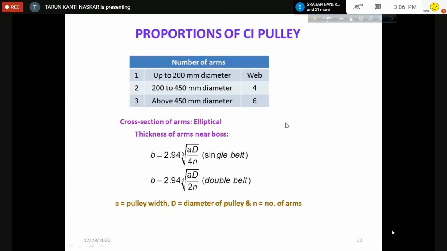Okay, can you imagine that? Instead of arms, the hub is connected to the rim from the outside surface of the hub to the inside of the rim by a thin cylindrical plate.